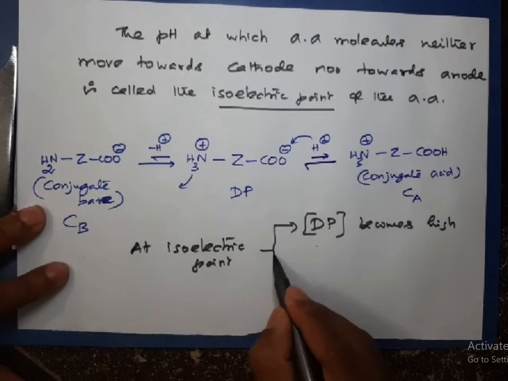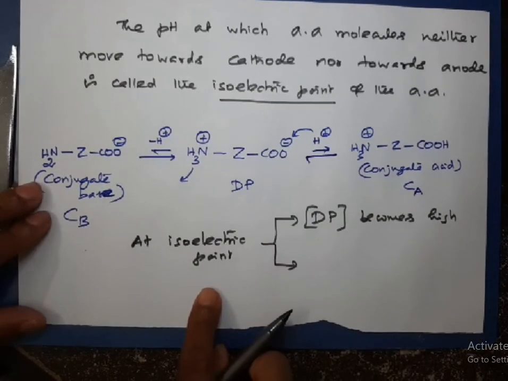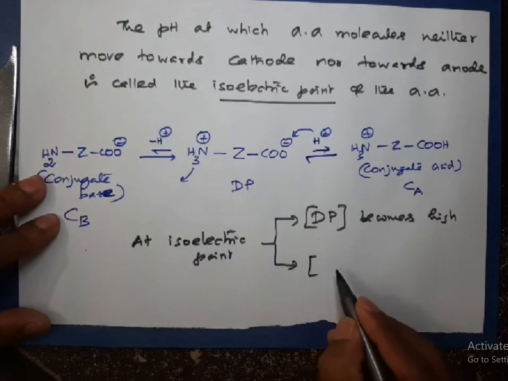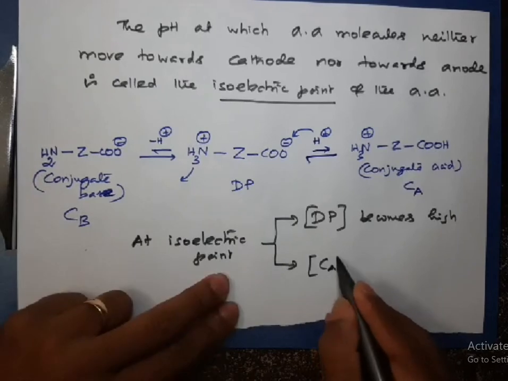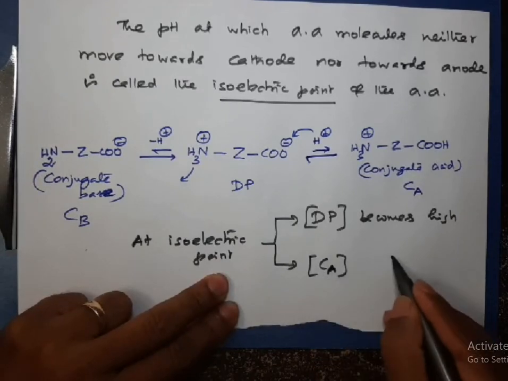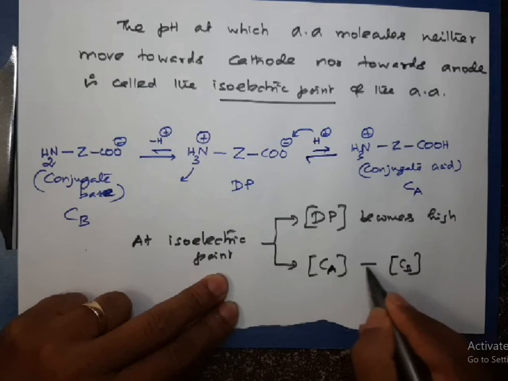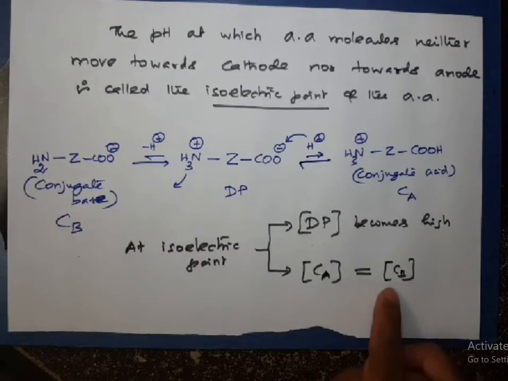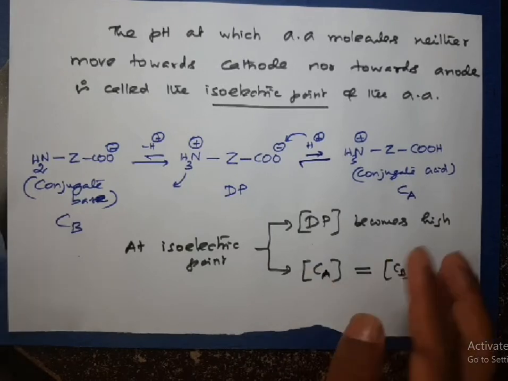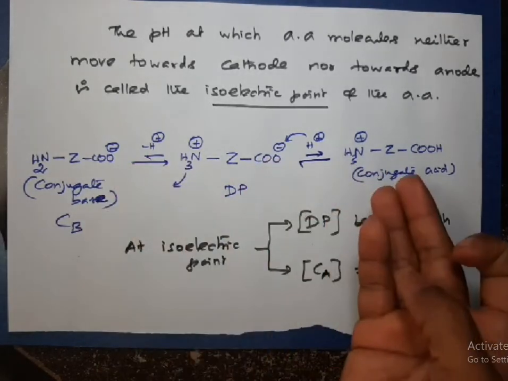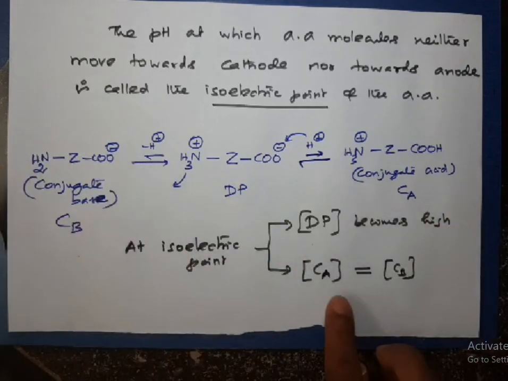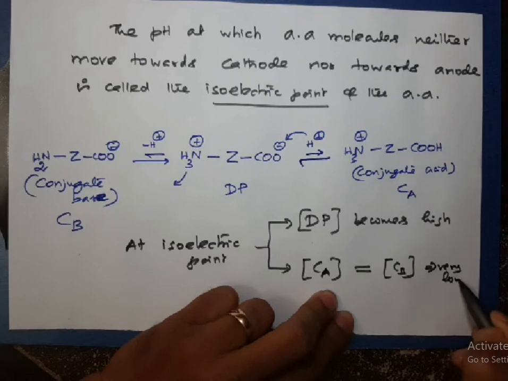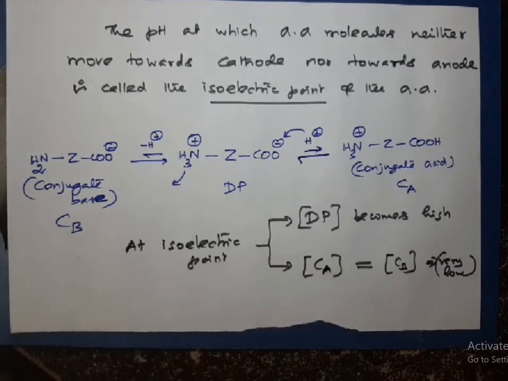And one more thing: at the isoelectric point, the conjugate acid concentration and the conjugate base concentration should be equal, and they are very low, therefore net movement is 0.